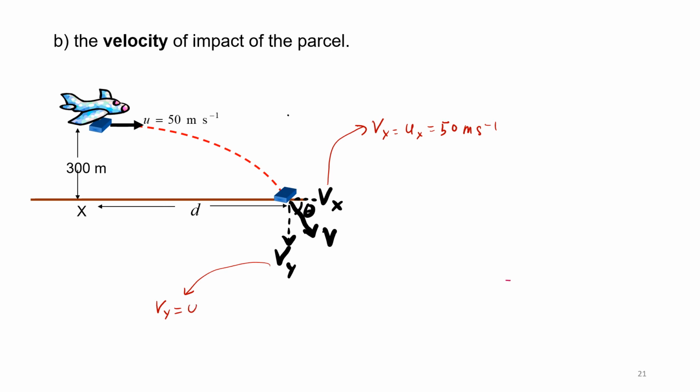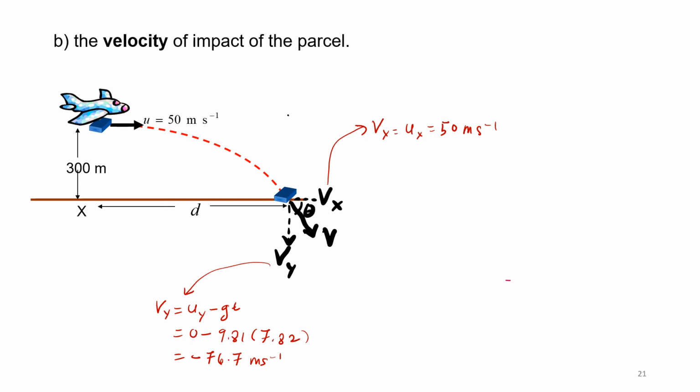Vy equals Uy minus Gt. Uy equals 0, G 9.81, and then T 7.82. We get Vy negative 76.7 meter per second.